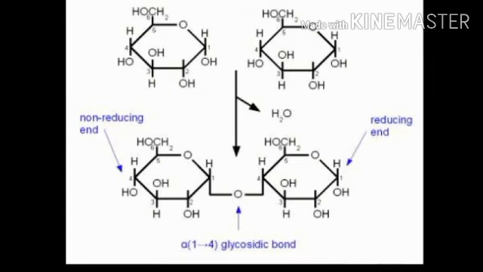This is called a disaccharide. The first sugar is called the non-reducing sugar, and the second sugar is called the reducing sugar because its end is free to join to another molecule.